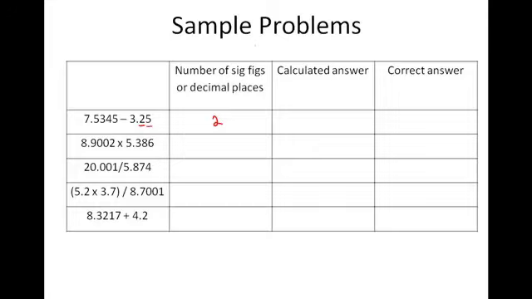Since the next one is multiplication or division, I'm looking for significant figures. I have 4 here and 5 there, so my answer is going to have 4 significant figures. The same holds true for the third one, where I'm looking for the smallest number of significant figures. This one has 5, this one has 4, so my answer should be in 4.